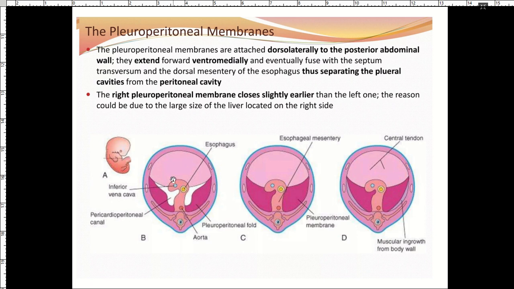So it's going to fuse with the septum transversum ventrally and the dorsal mesentery medially, whilst closing the pericardioperitoneal canals. So this is going to take part in the formation of your diaphragm.